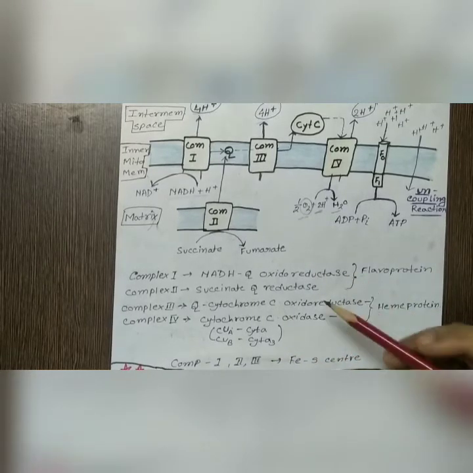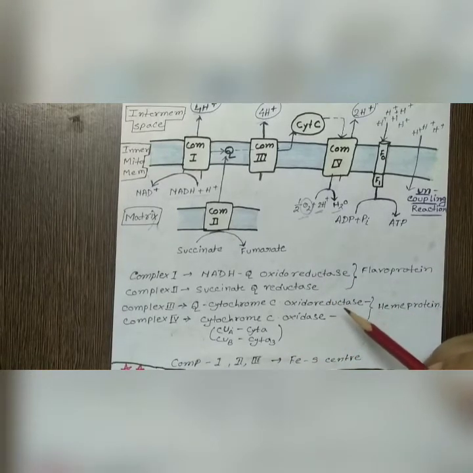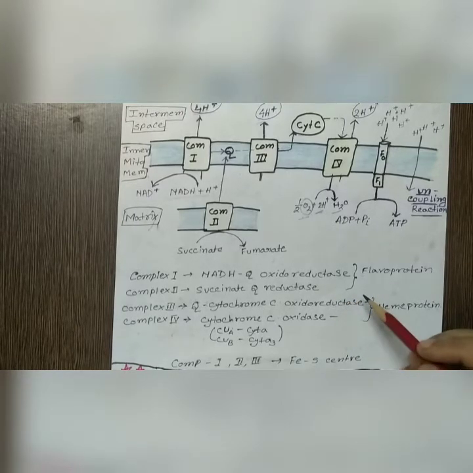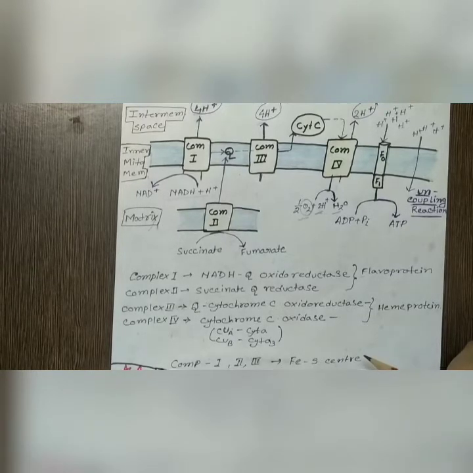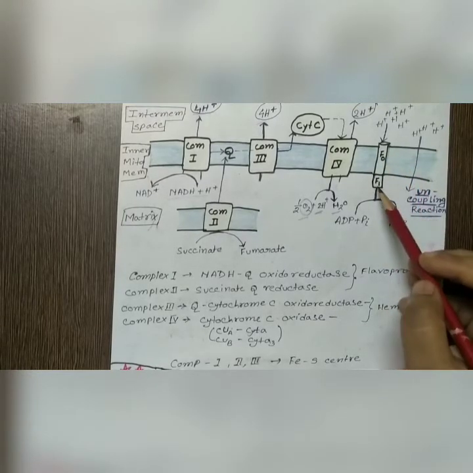Okay, and you should also remember that complex first and complex second are flavoproteins, and complex third and complex fourth are hemoproteins, and complex first, complex second and complex third have Fe-S or iron sulfur centers.